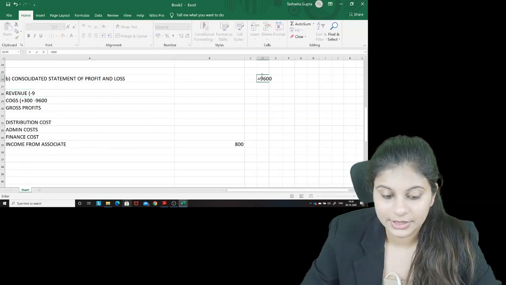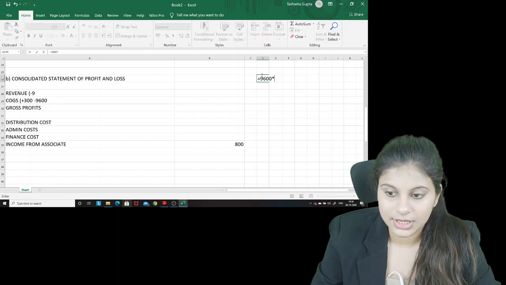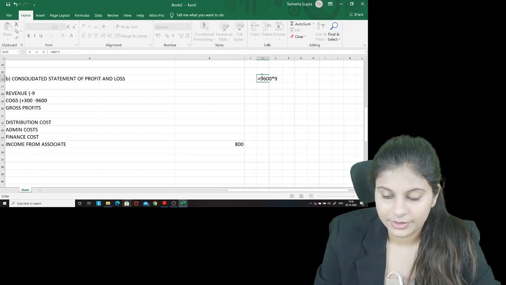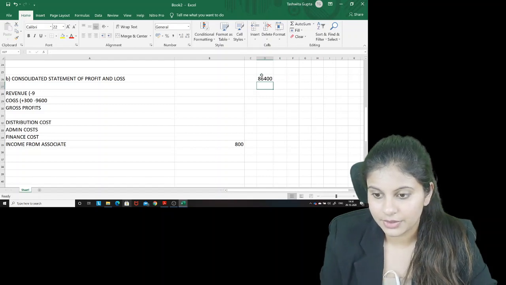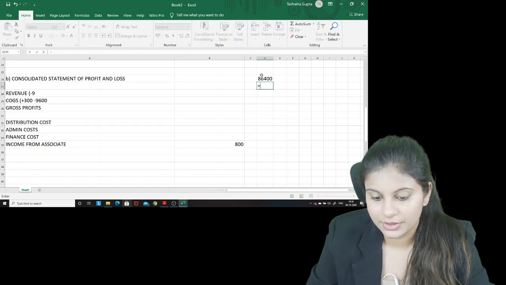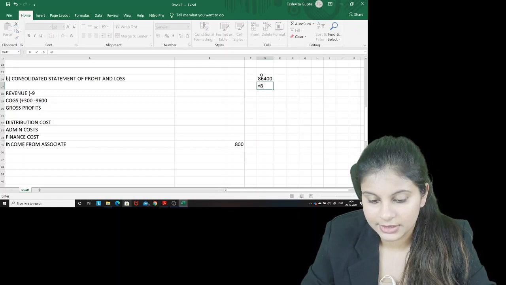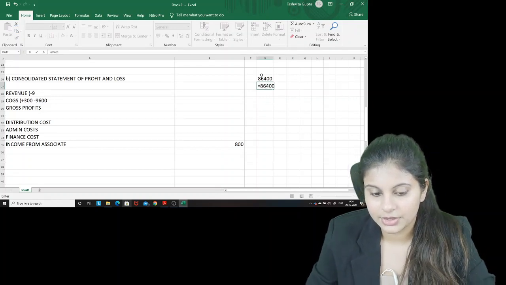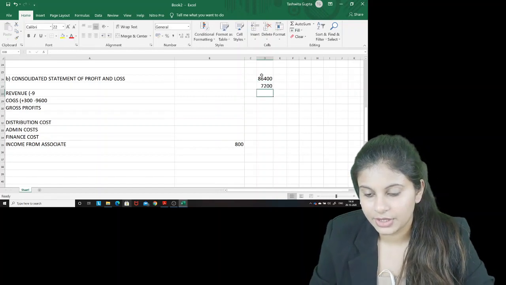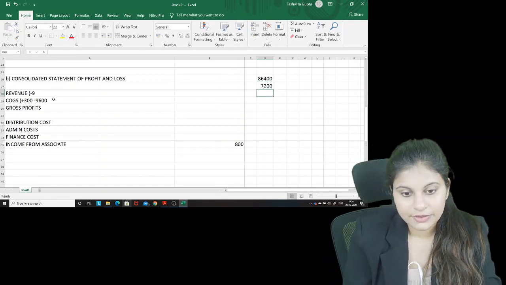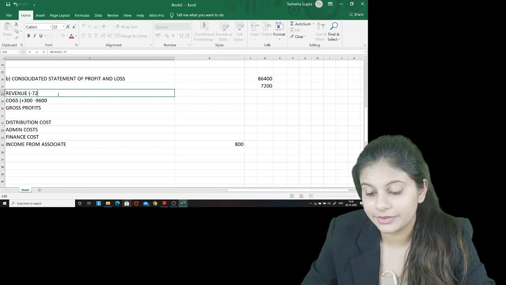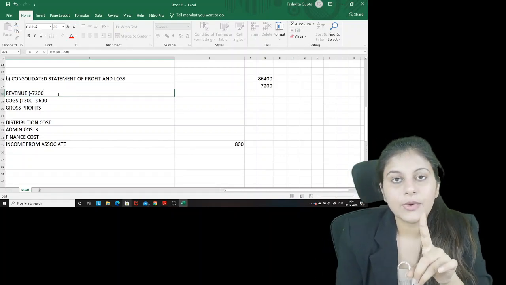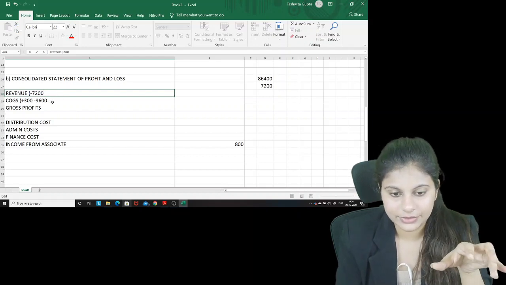9600 into 9, and that is 86400. 86400 divided by 12, 7200. So 7200 is the revenue which you will be deducting, not 9600. But for the PURP calculation you have to take 9600 only.